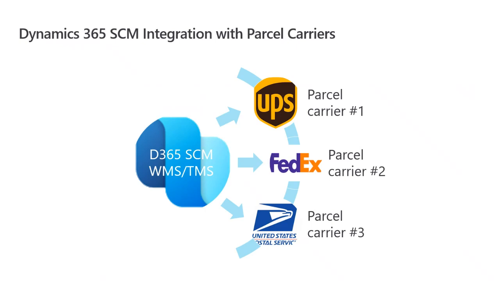I have put some examples on here of our major US parcel carriers: UPS, FedEx, the Postal Service. You might have DHL and some other parcel carriers that you work with, but any of them would be communicating back and forth with Dynamics 365 SCM in those XML formatted messages.